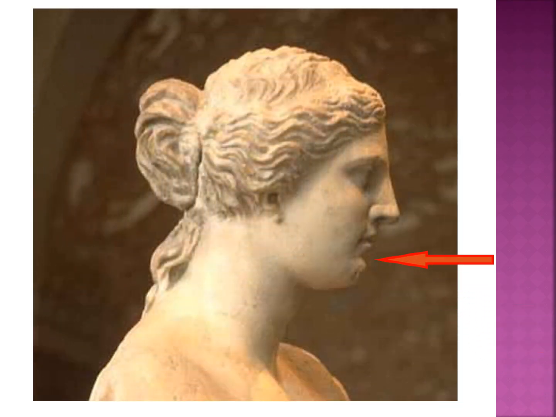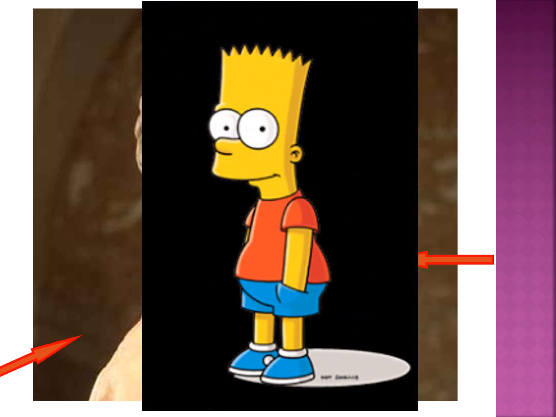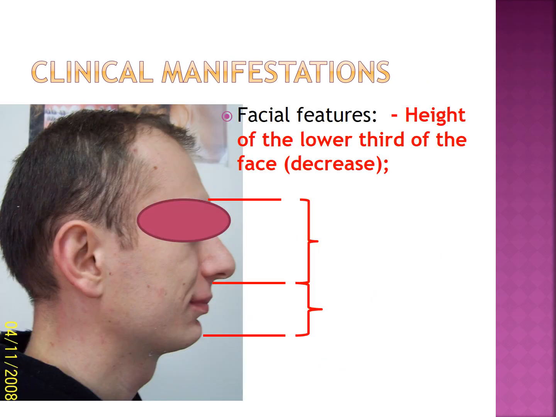You know, Veneer or another famous person. So many famous persons have distal bite. And one more facial feature: the height of the lower third of the face, as usual, is decreased.